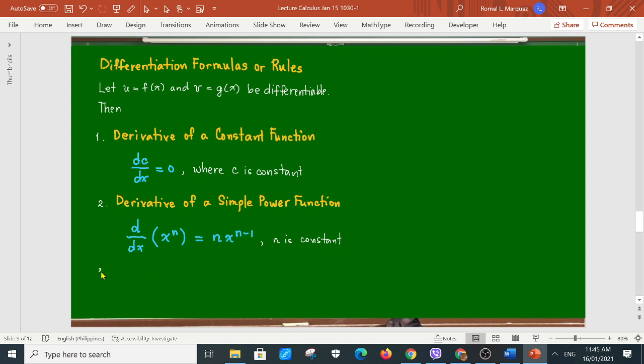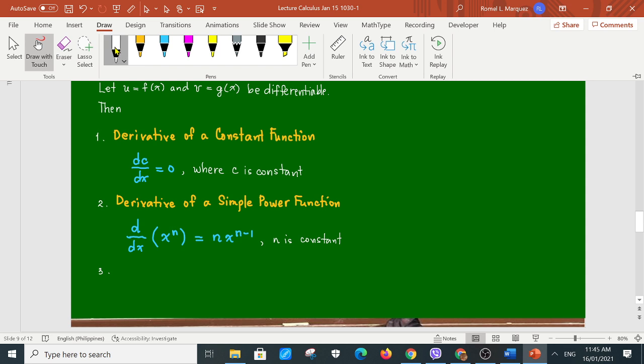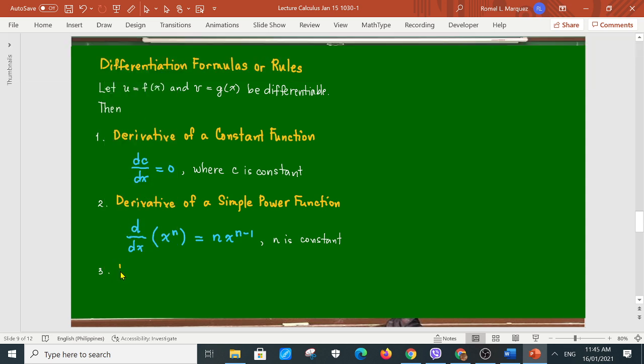Number 3. We have the derivative of a constant multiple of a function. A constant multiple, meaning a constant times a function.